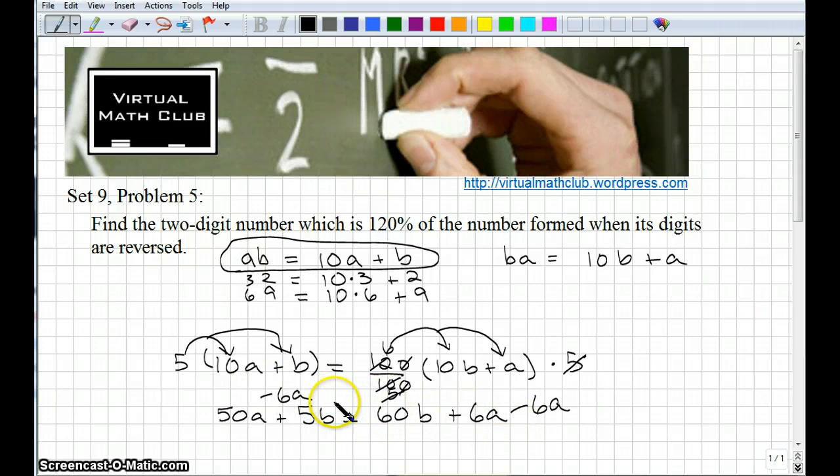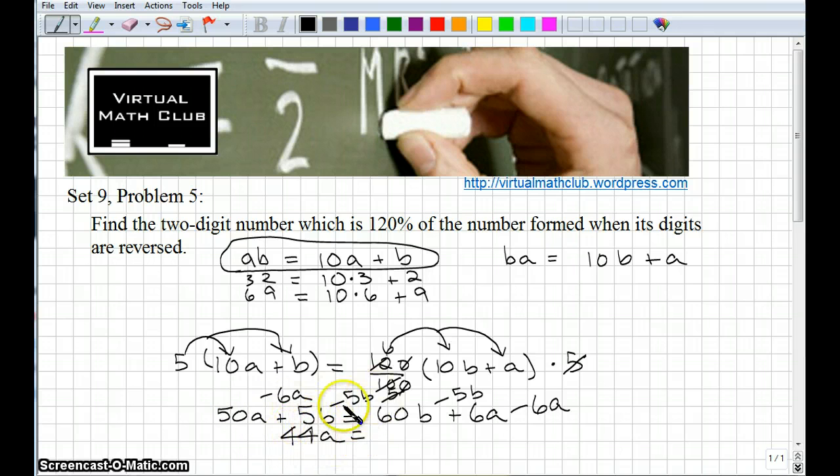And I'm going to subtract 5b from both sides. Now that makes no more b's on the left side, and I have all my b's on the right side and no a's on the right side. I have all my a's on the left side. So let's see what we got here. 50 minus 6 gives us 44a.